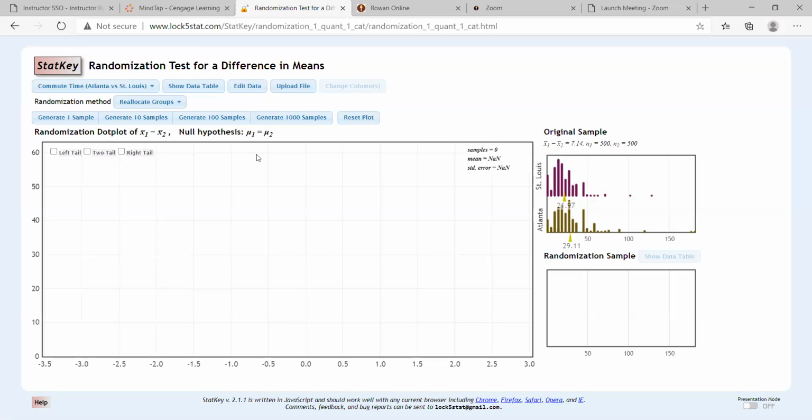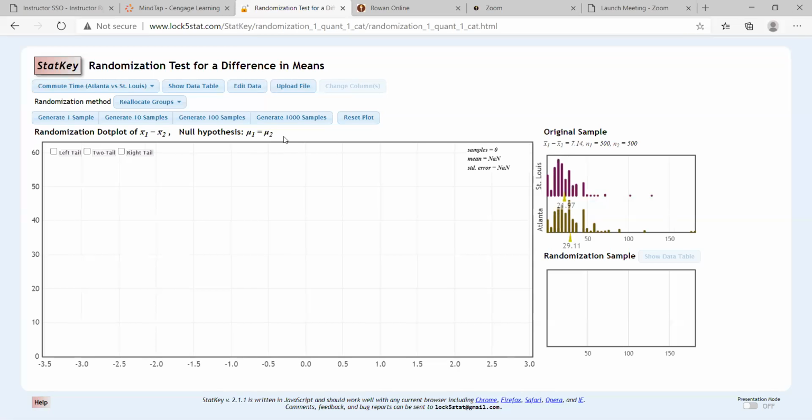Now, I hope you can see mathematically that if we subtract mu2 from both sides, we would have mu1 minus mu2 on the left and 0 on the right. So if the two means in the null hypothesis are equal to each other, then we can also say that mu1 minus mu2 is equal to 0. Okay, I hope that makes sense.